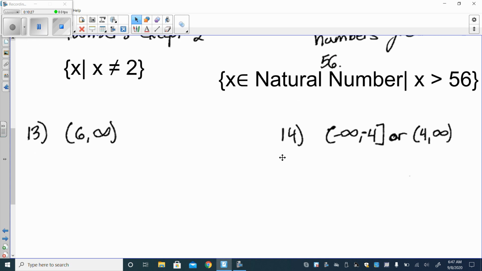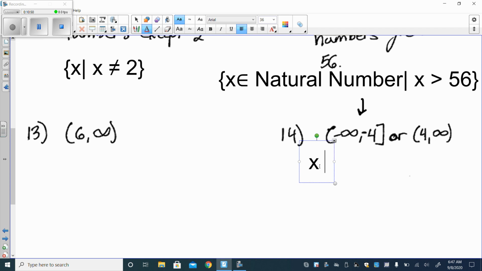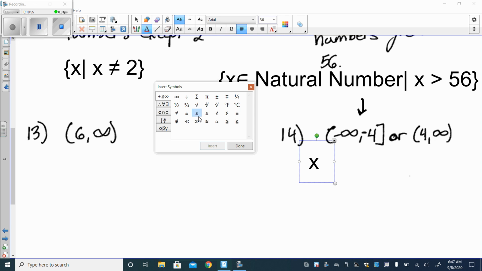Now the one that's going to be a little more complicated is probably 14. Since it's just two sets of parentheses, we can use that. The one on the left, parenthesis negative infinity comma negative 4 bracket, is really telling me that x is less than or equal to negative 4, because we're talking about all the numbers that are less than or equal to negative 4.